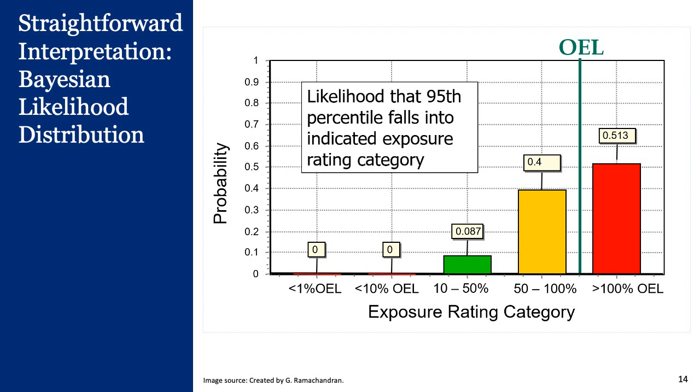So we have a category 0, which is less than 1% of the OEL, then category 1, which is 1 to 10% of the OEL, category 2, which is 10 to 50% of the OEL, then 50 to 100% of the OEL, and then greater than 100% of the OEL. If your 95th percentile is in categories 0, 1, 2, and 3, you are not really exceeding the OEL. If your 95th percentile is in category 4, then you have exceeded the OEL, and there is a certain percentage of confidence with which we can say that.